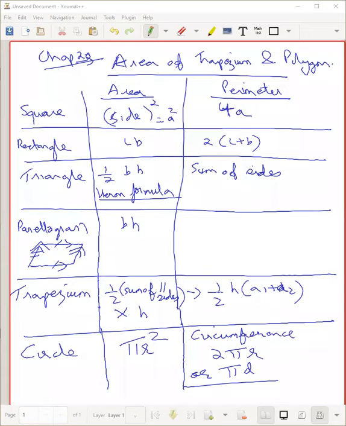The next part will be difficult if you don't know these formulas, because we can easily derive the formulas for 3D figures once we know this. Yes, Sarah, I will explain trapezium with the help of an example. Just give me 2 minutes. Let everyone finish copying this.